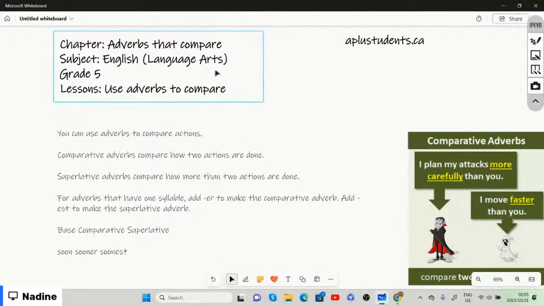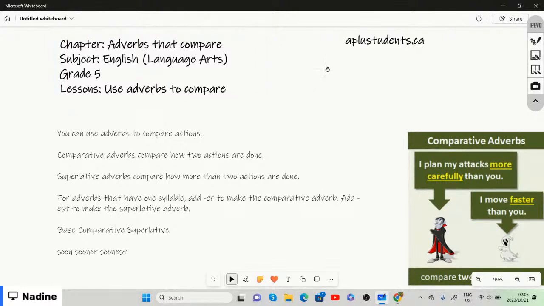And the lesson that we are focusing on today is to use adverbs to compare. So that is going to be our chapter, subject, grade, as well as our lesson for today.